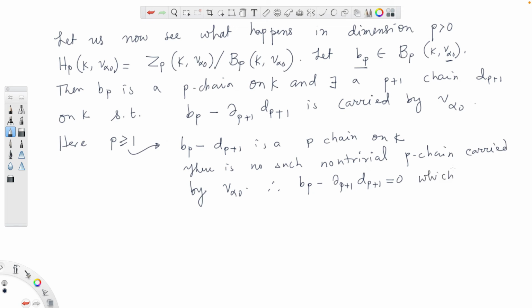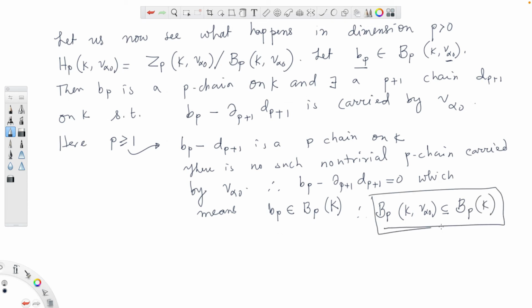Which means bp is an element in the group of p boundaries on K. Okay, therefore we see that Bp of K comma V alpha 0 is a subset of Bp of K.